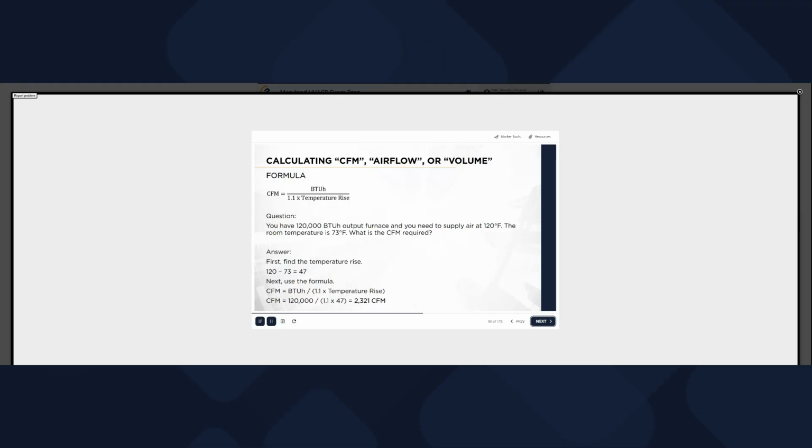First, find the temperature rise, delta T. 120 degrees Fahrenheit minus 73 degrees Fahrenheit equals 47 degrees Fahrenheit. Next, use the formula. CFM equals BTU-H divided by 1.1 times temperature rise. CFM equals 120,000 divided by 1.1 times 47 equals 2,321 CFM.